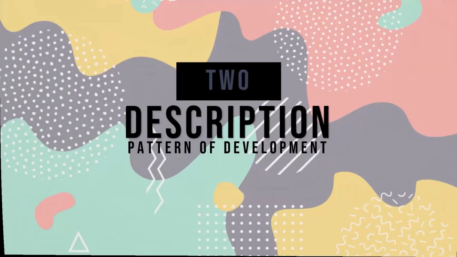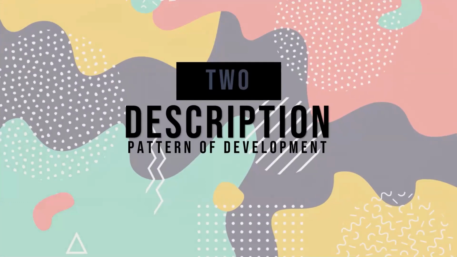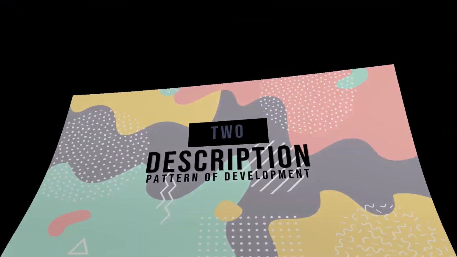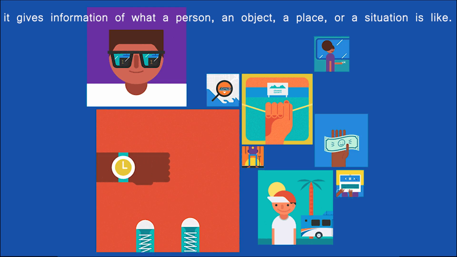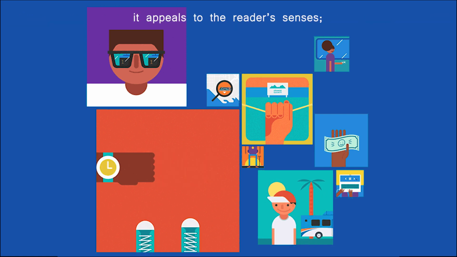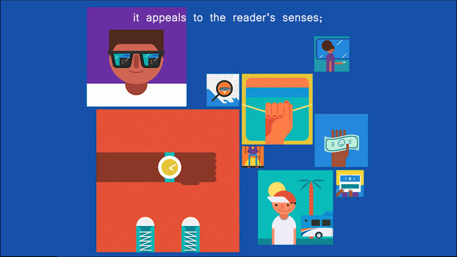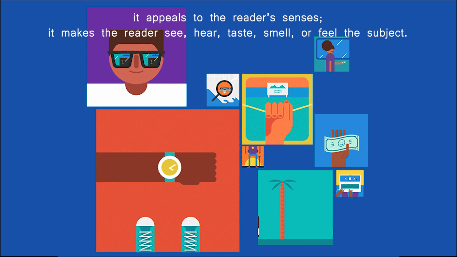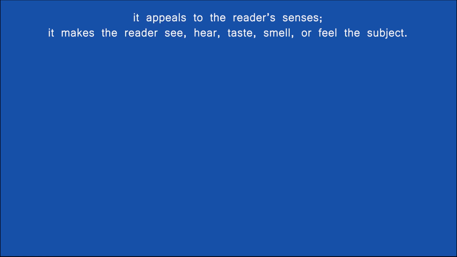Number 2. Description. Description gives information of what a person, an object, a place, or a situation is like. It appeals to the reader's senses. It makes the reader see, hear, taste, smell, or feel the subject.